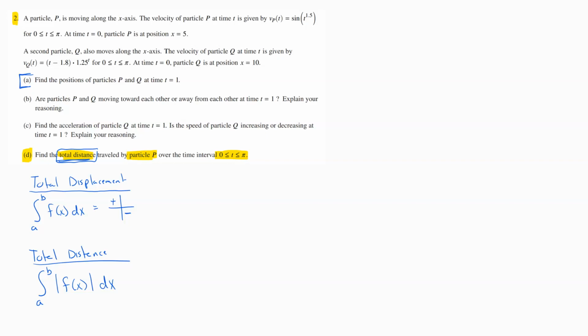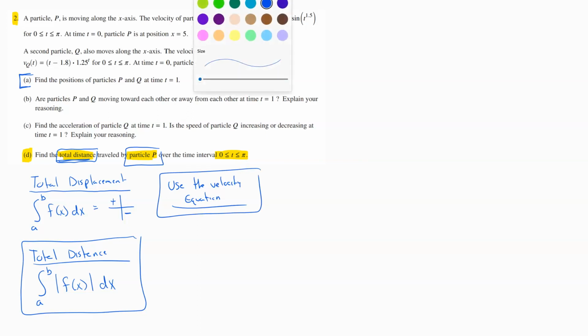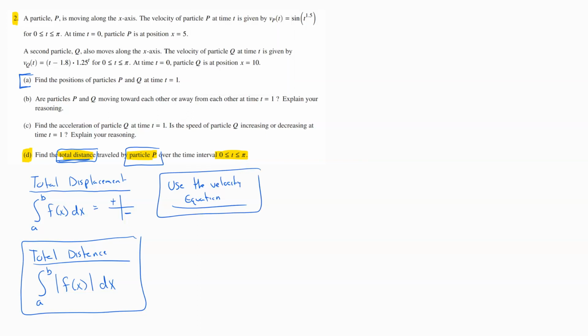When you want to find total distance or total displacement, you want to use the velocity equation. The velocity equation is going to be the thing that gives you your total displacement or your total distance. So right now we are talking about total distance, and we want to use the velocity equation specifically for particle P.